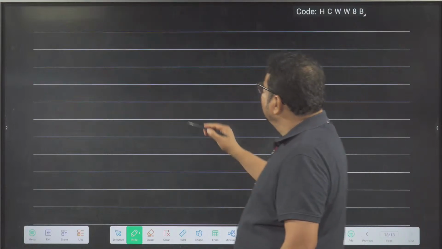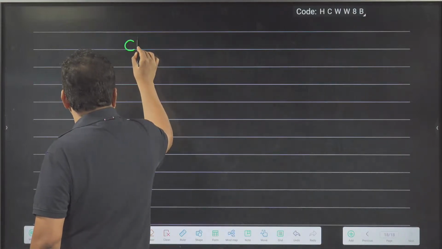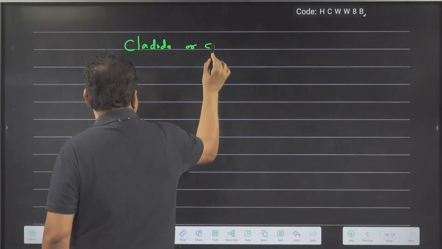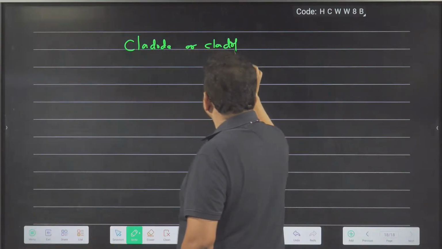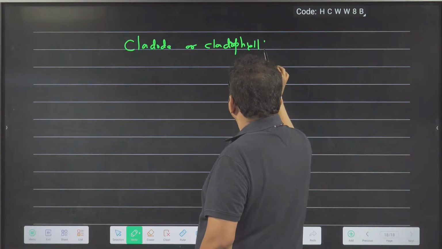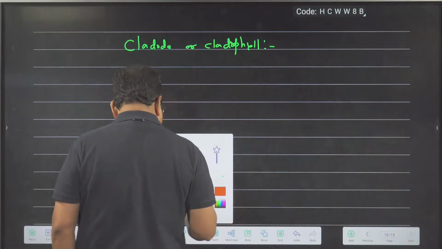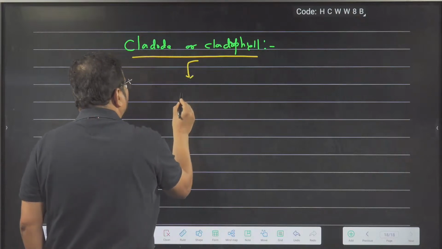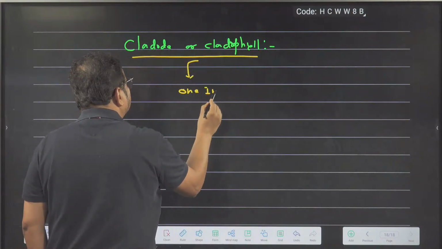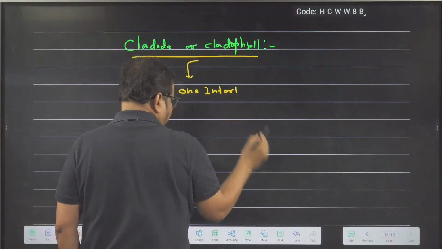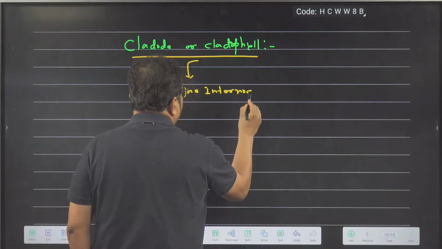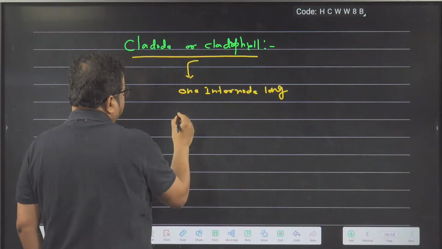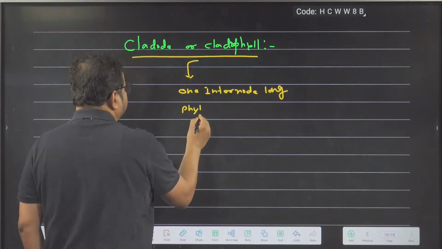Done. Now we are going to talk about cladode or cladophyll. In one line I am giving you the definition. One internode long phylloclade. Phylloclade means green structure.